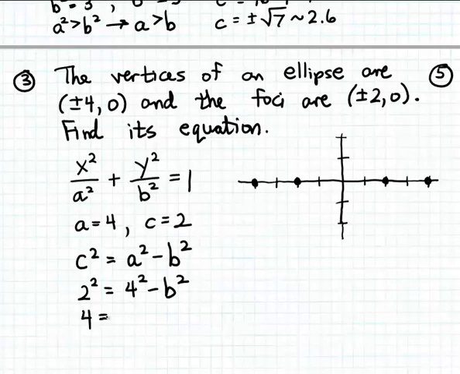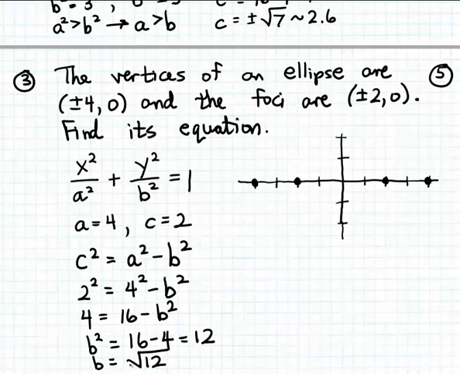So I have here that 4 is equal to 16 minus b squared. And then rearranging the terms in the equation a little bit, we get that b squared is equal to 16 minus 4, which of course is 12. So we know here then that b is equal to the square root of 12.